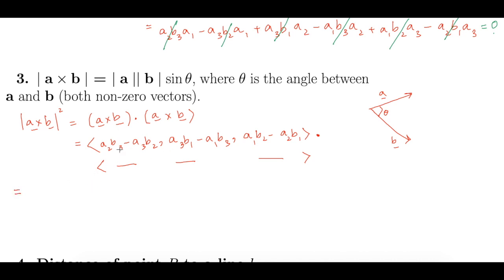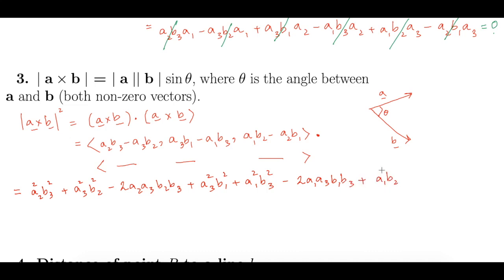If I multiply this by this, I have (A2 B3) squared plus (A3 B2) squared minus 2 A2 A3 B2 B3, plus (A3 B1) squared plus (A1 B3) squared minus 2 A1 A3 B1 B3, plus (A1 B2) squared plus (A2 B1) squared minus 2 A1 A2 B1 B2.